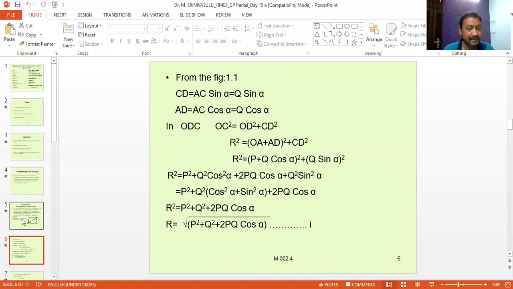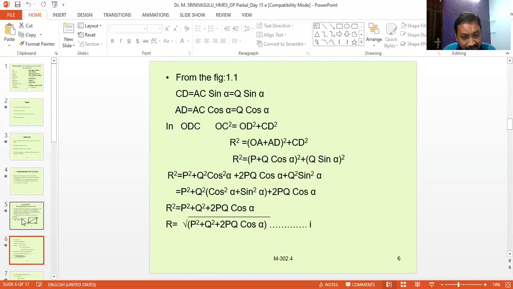And according to trigonometry, we know that the value of cos square alpha plus sin square alpha is equal to 1. We know the equation, sin square alpha plus cos square alpha is equal to 1. Therefore this is equal to P square plus Q square into 1 plus 2PQ cos alpha. So this is nothing but R square is equal to P square plus Q square plus 2PQ cos alpha.